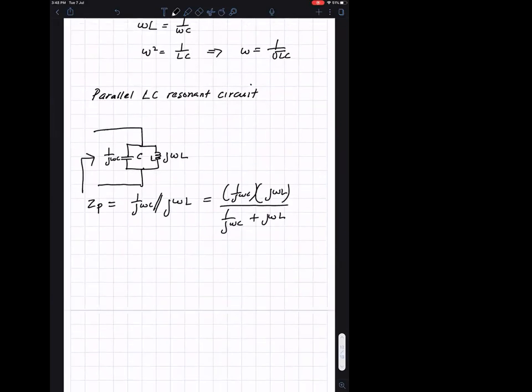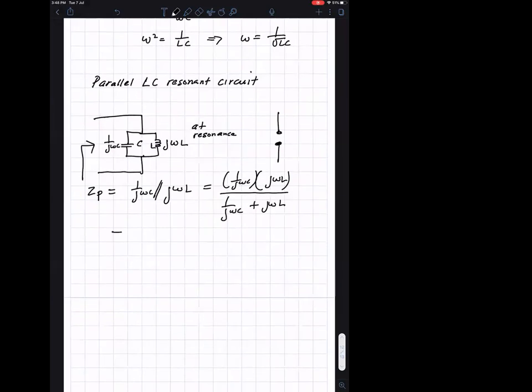Then you'll find out that at resonance, this will be an open circuit. That's another useful application at resonance. If you want to know how to do that, you can just derive this.